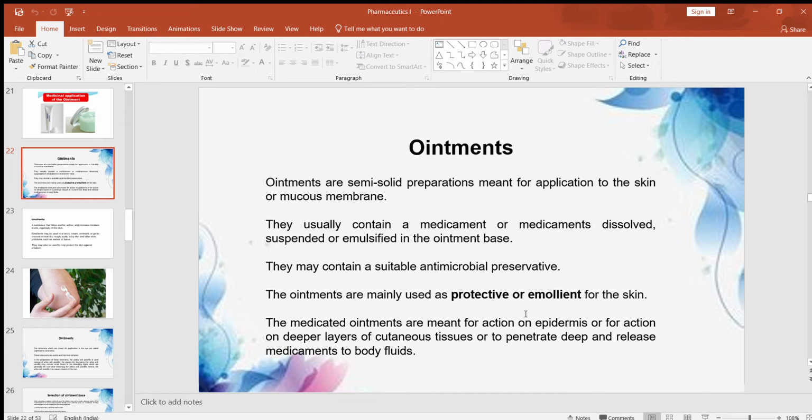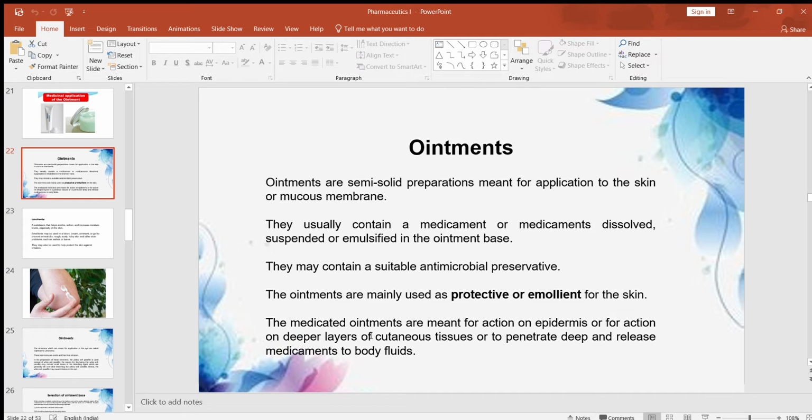And sometimes we make the ointment formulation such that when applied to the skin they penetrate into deeper layers of skin, where your drug may penetrate.